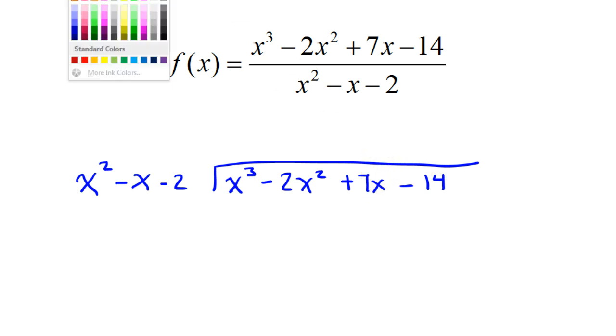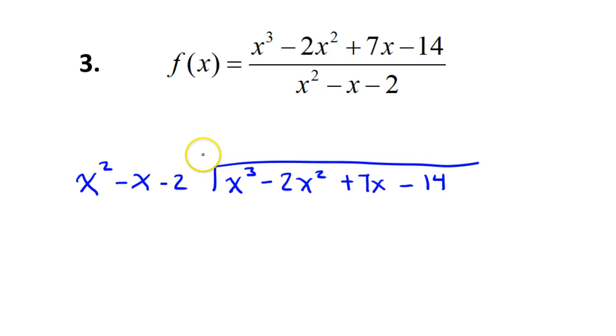So let's do our long division, which everybody loves. x squared times what gives you x to the 3rd power? That'll be x, and I like to line it up with my like terms. I will take this and do the distributive property. x times x squared, x to the third power. x times negative x is negative x squared. x times negative 2 is negative 2x.